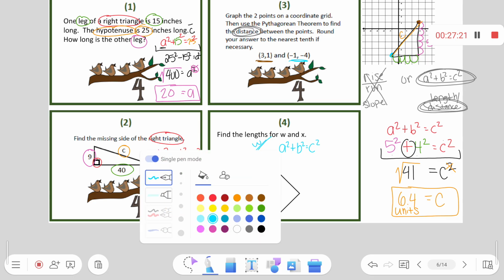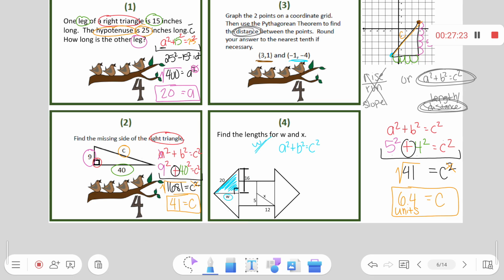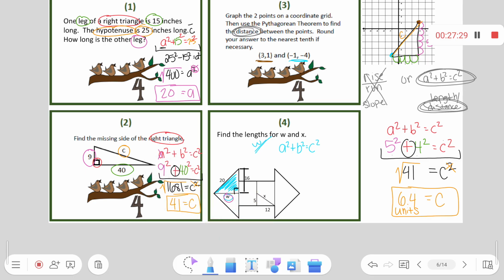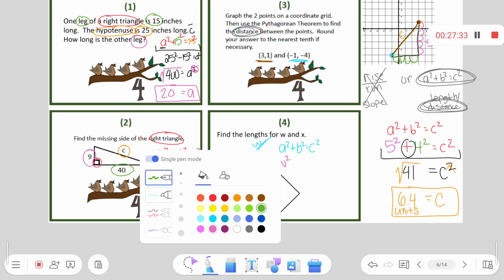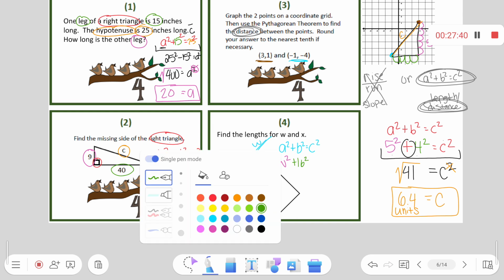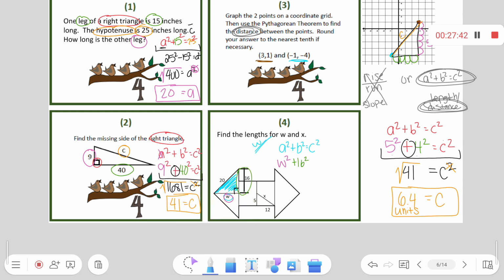Well, w touches the right angle, which means w is a leg. So I can put w in the leg. The other leg is 16. And then the hypotenuse is 20 because it's across from the right angle.